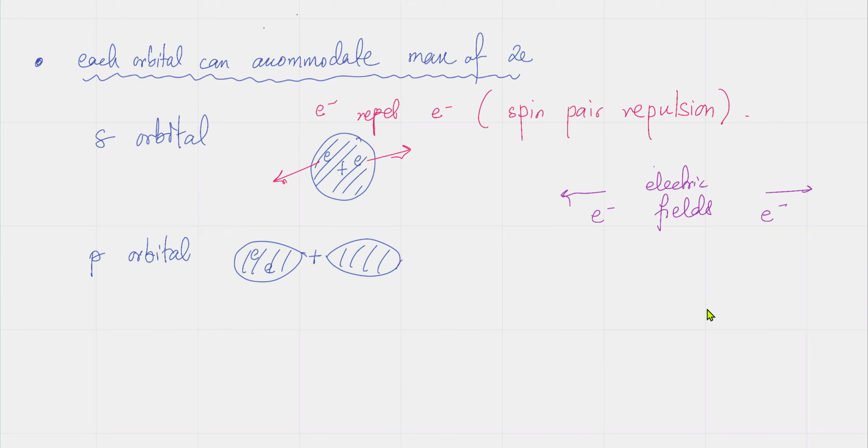So if this electron has a particular type of magnetic field and there's a north pole on this side, and that electron has another magnetic field, and on this side there's a south pole, what are the magnetic fields doing? The magnetic fields are attracting each other.